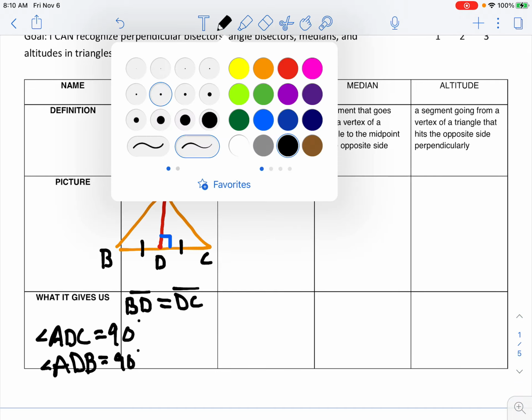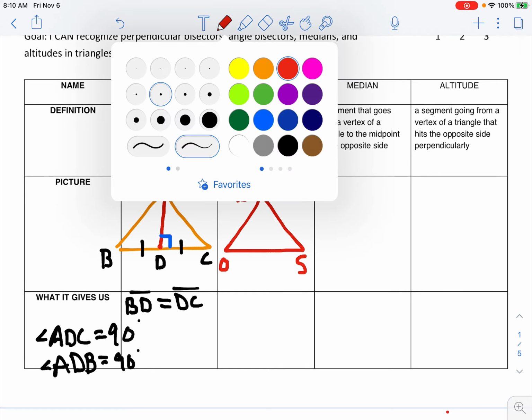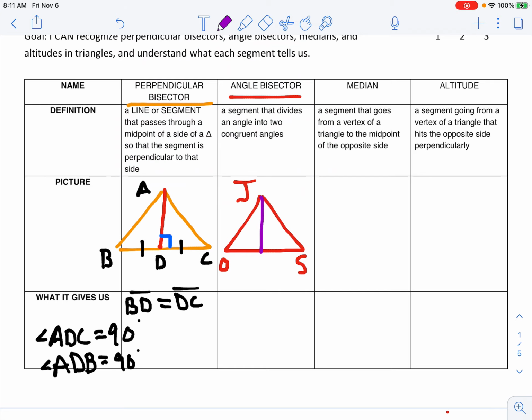Our second term is angle bisector. So let's go back to chapter 1. Remember an angle bisector is going to split us into equal angles. So again, let's use different letters this time. Let's say we have triangle JOS. An angle bisector is going to drop down, and let's say that we hit at H right there.